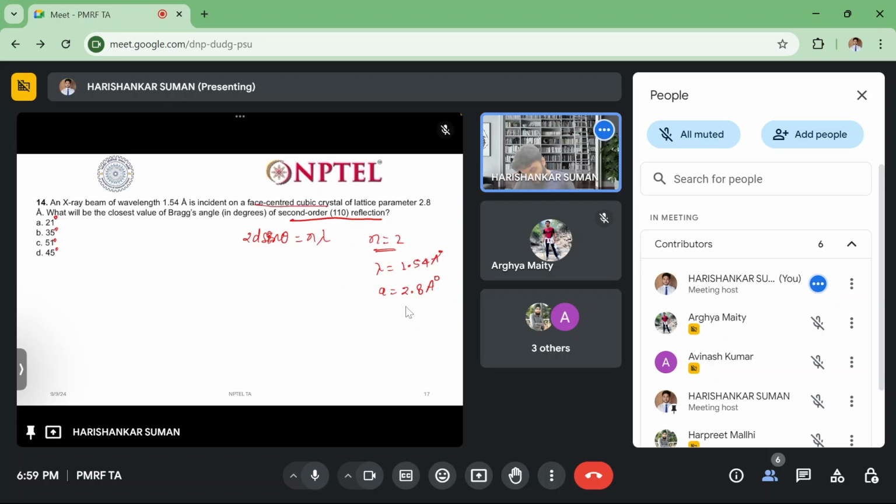This is FCC, so we can also correlate a and d. So apply these two formulas, first and second, and you can calculate theta.